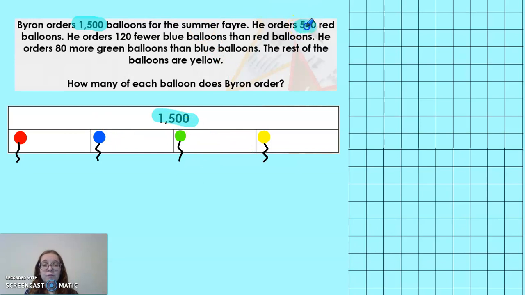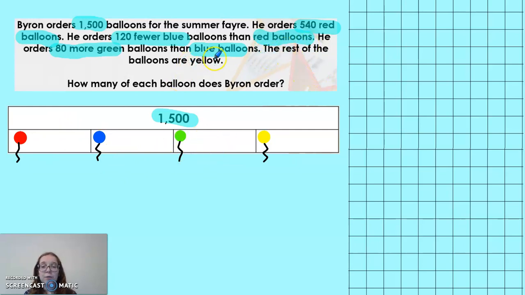He orders 540 red balloons. He orders 120 fewer blue balloons, so there are going to be fewer blue balloons than red balloons. Let's highlight that as well. He orders 80 more green balloons than blue balloons, so I know that my blue balloons are going to be fewer than my red balloons and fewer than my green balloons.